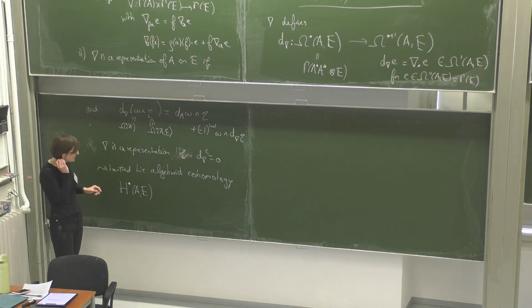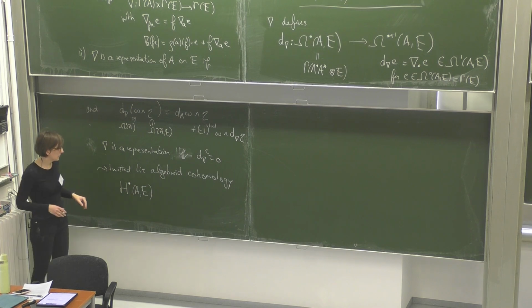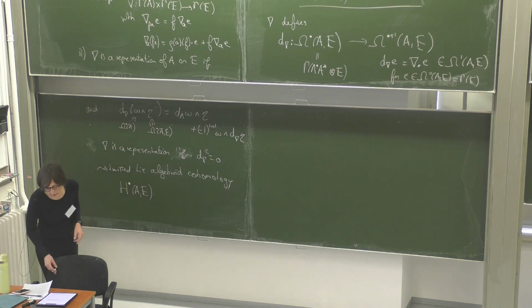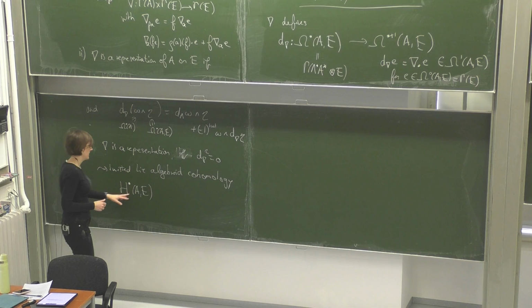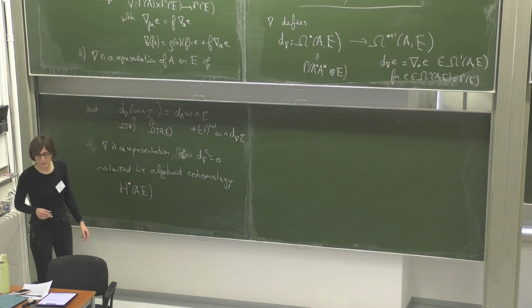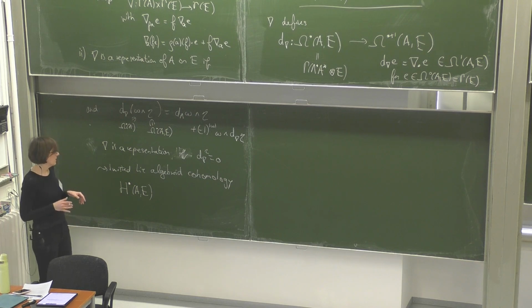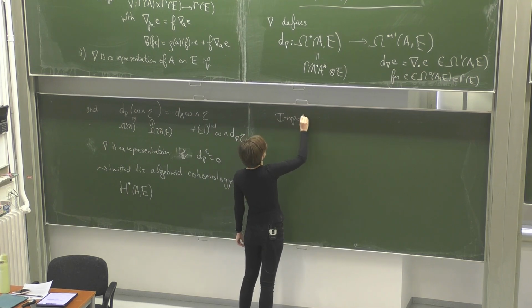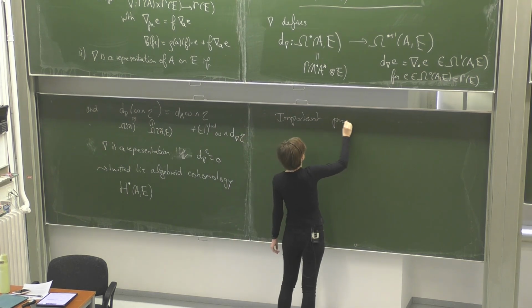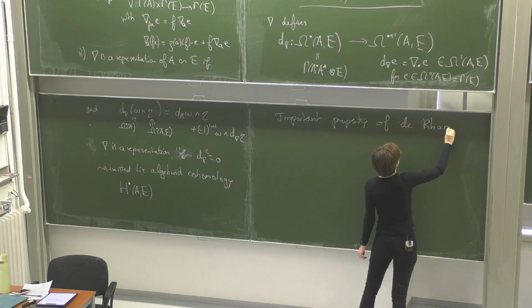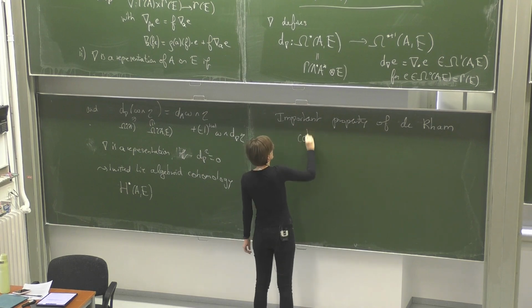And as I said, in the case of Lie algebras, that's super standard. In the case of tangent bundles, maybe a bit less. But if you look at the case of tangent bundles, and even if you forget, first of all, about the twist, then an important property of de Rham cohomology is that it's homotopy invariant.